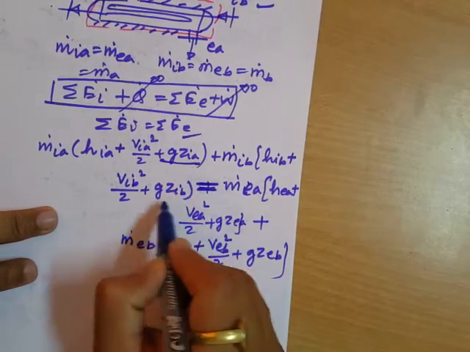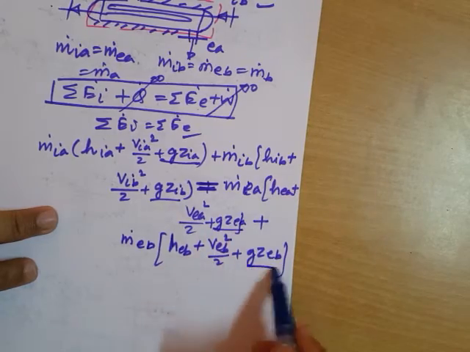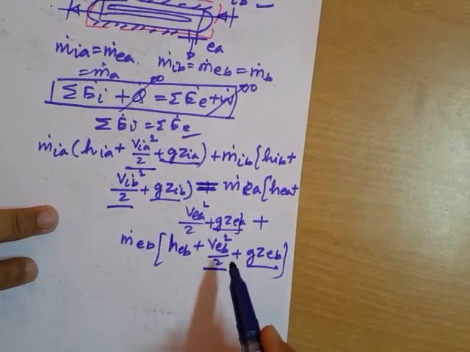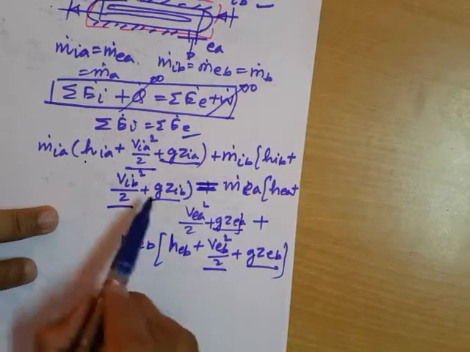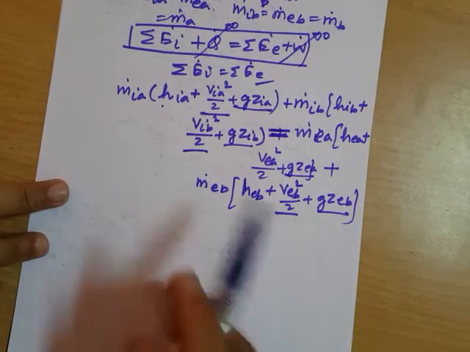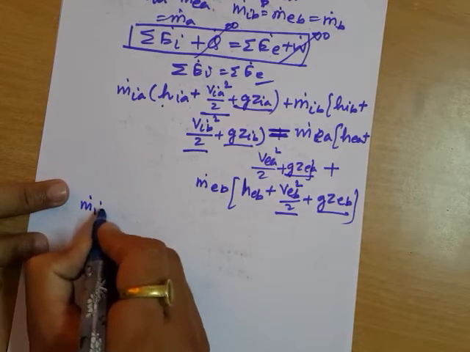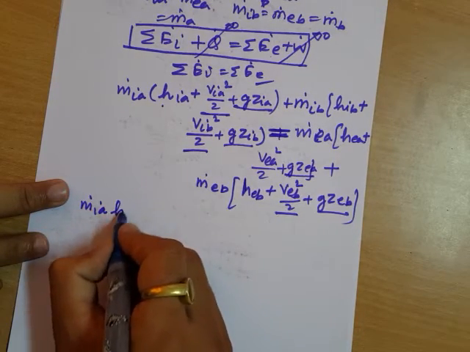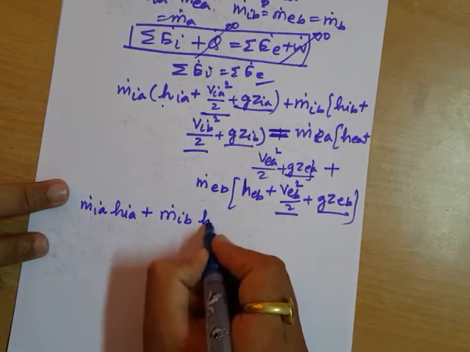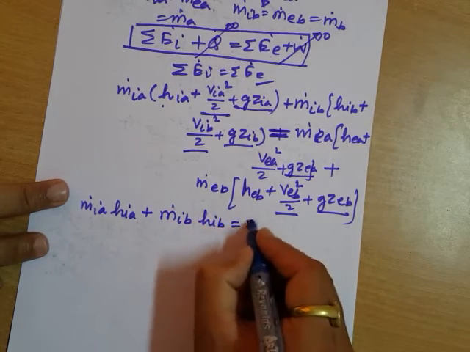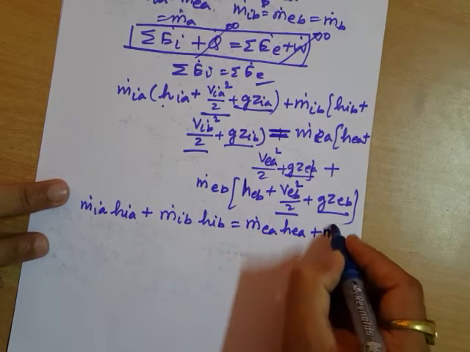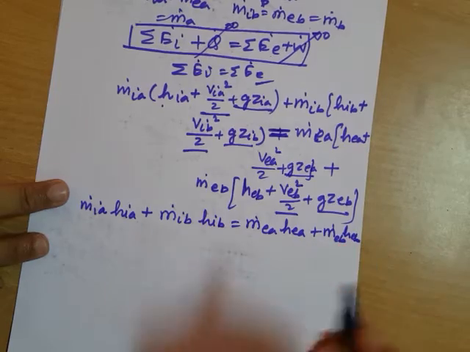If I neglect all the potential energy changes, and at the same time say that the kinetic energy contribution in this total energy is very small in comparison to the enthalpies or pressure energies, then what I can write here is m dot IA HIA plus m dot IB HIB is equal to m dot EA HEA plus m dot EB HEB.